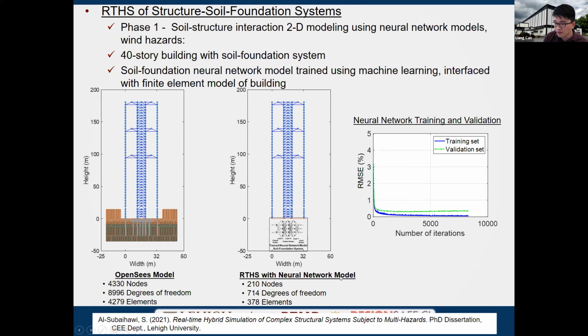But using the neural network, you can significantly reduce these nodes and degrees of freedom, and by reducing the degrees of freedom, we want to have the ability to do the real-time hybrid simulations. This is the training side. We are training this neural network first, and then we also validated the neural network models with additional excitations.